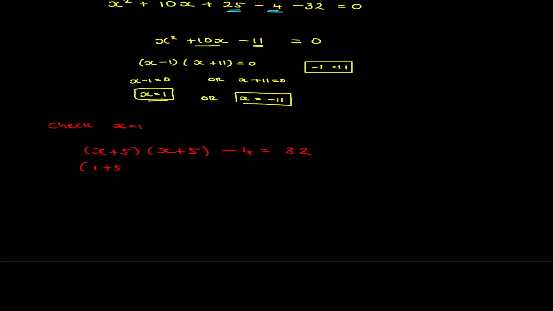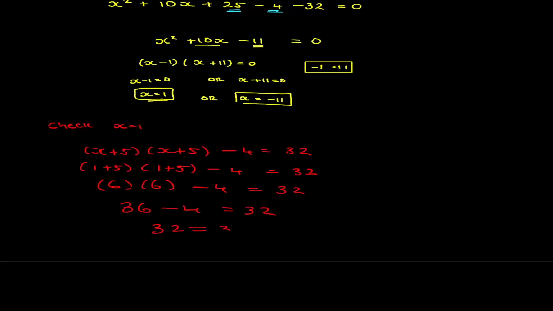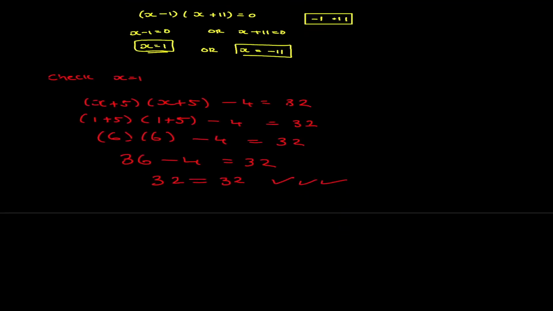So you've got (1 + 5)(1 + 5), and we want to know if take 4 gives me 32. 1 plus 5 is 6, 1 plus 5 is 6, 6 times 6 is 36, and 36 take 4 is 32. 32 does equal 32. Our left-hand side does equal our right-hand side, so we know it is the correct solution.